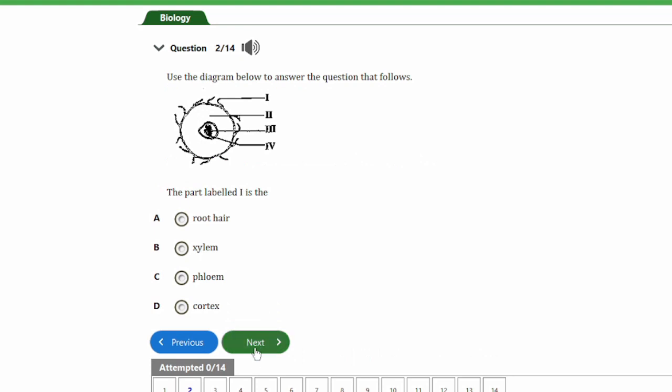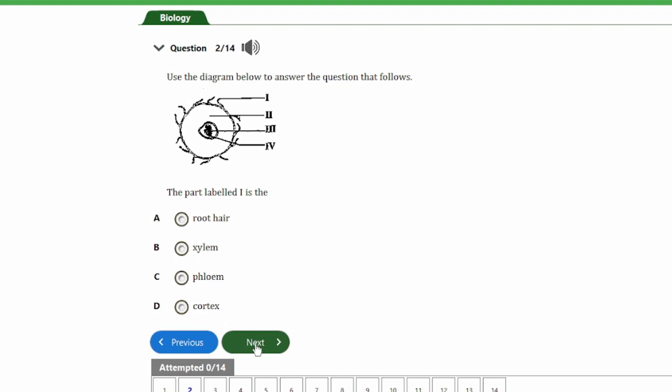So guys, let's look at the next question. Question number 2, it says, use the diagram below to answer the question that follows. So we have a diagram here, and then the question says, the part labeled I is the A, root hair, B, xylem, C, phloem, and D, cortex.